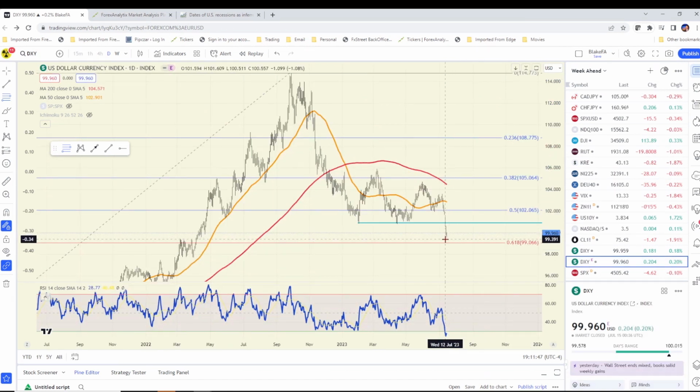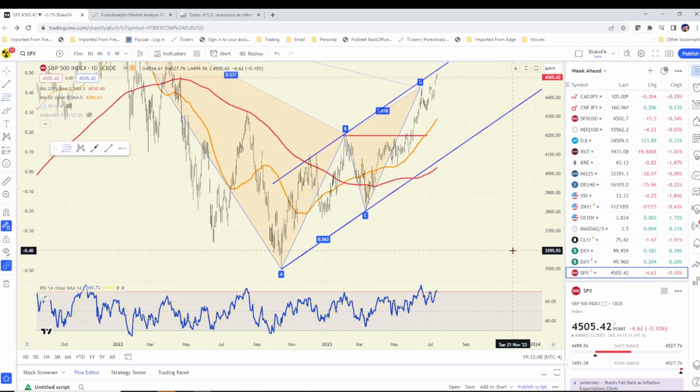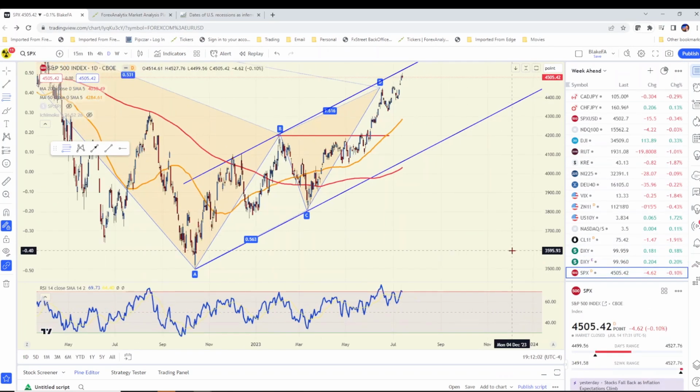Now let's talk about some of the things that are happening this week, not from the economic calendar, but we do have earnings that could have a very big influence on the S&P this week as earnings season does kick off.